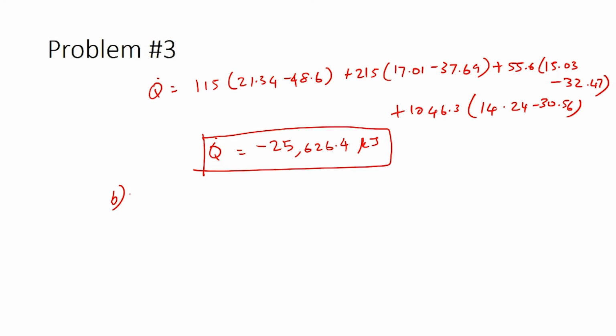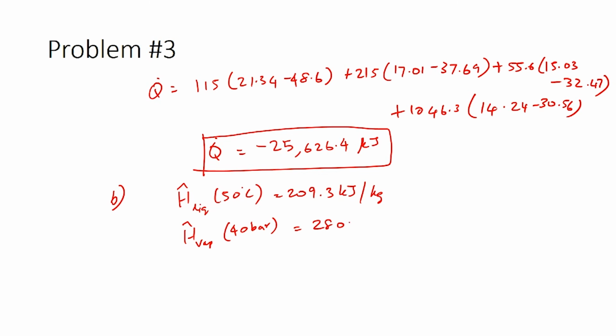For part B we can use steam tables. The H cap of liquid water at 50 degrees Celsius can be looked up in the steam table to get 209.3 kilojoules per kilogram as the enthalpy with reference to its reference state in the steam tables. Similarly, H cap for water vapor at 40 bar, which is saturated vapor at 40 bar, is 2800.3 kilojoules per kilogram.